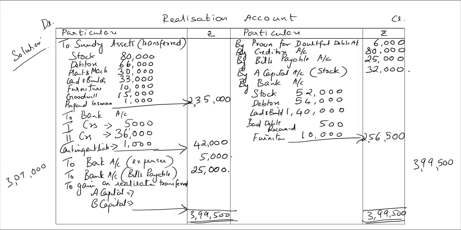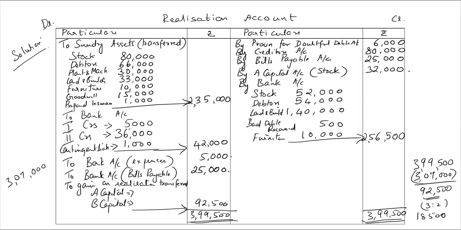The total gain, 3,99,000 minus 3,07,000, comes up to 92,500 rupees. This has to be divided in their profit sharing ratio of 3:2. On dividing by 5, we get 18,500.